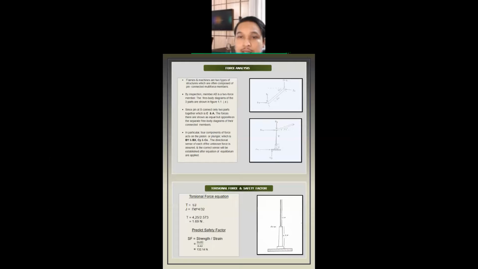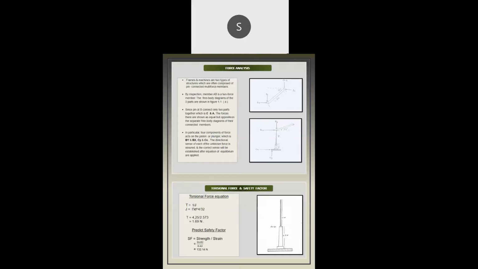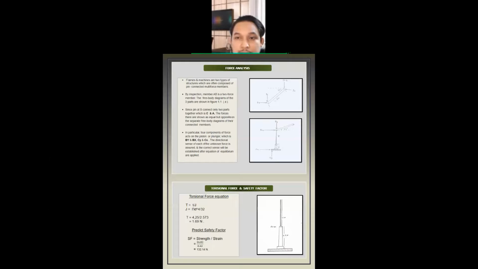In this assignment, the torsion force happens at the plunger through the string connecting the parts, and the torsional force equation is shown on the slide, which is T equal to P over J, and we find the diameter, which is 4.25 over 2.73 equal to 1.69 Newton.